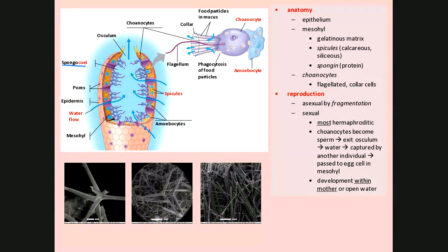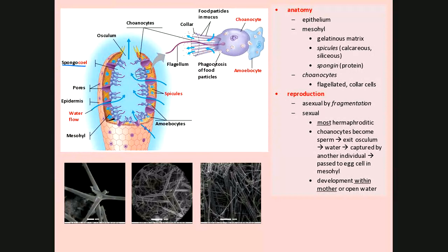Isn't that cool? So amoebocytes act like, I'm looking for the analogy, our blood system in a way, maybe, moving nutrients around. Again, these are not tissues, but cells that are certainly cooperating, aren't they? Isn't that neat? And this is an animal, very similar to what we would see in a colony of those protozoans. It's so close, relatively speaking.